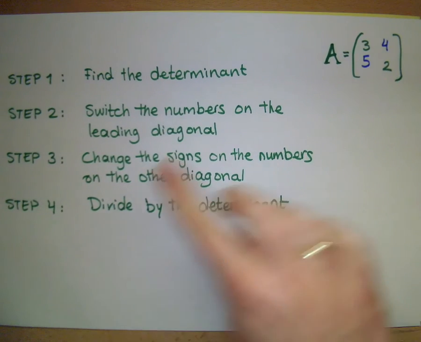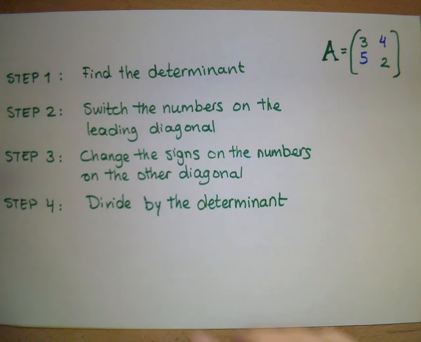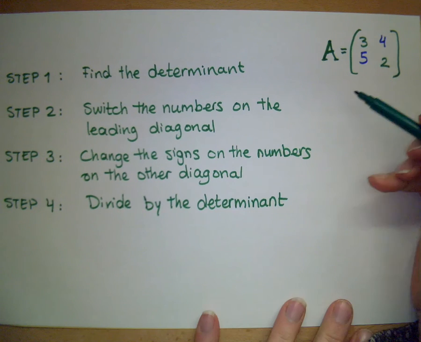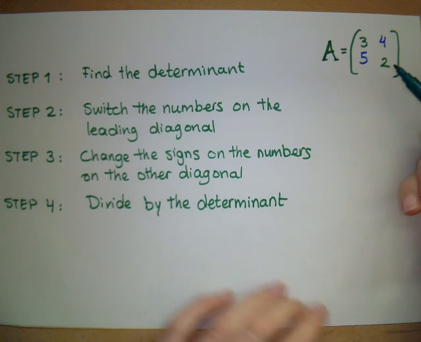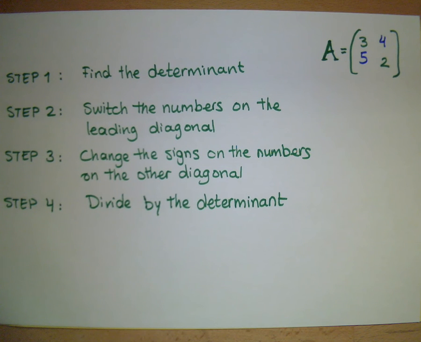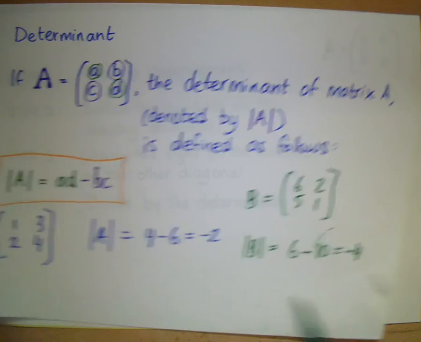Say this is our matrix A: 3, 5, 4, 2. We take these 4 steps to find the inverse matrix of A. Step 1 is to find the determinant. We did that in the last lesson.